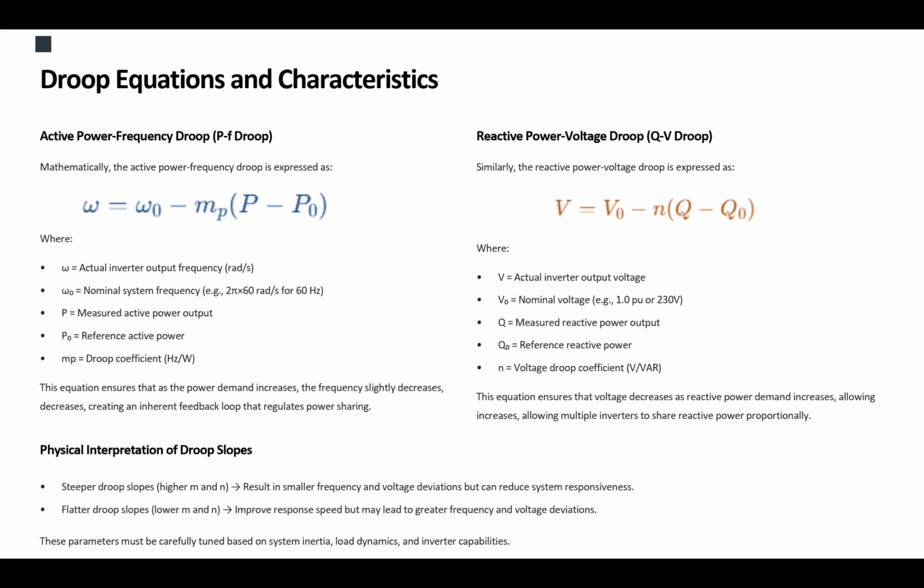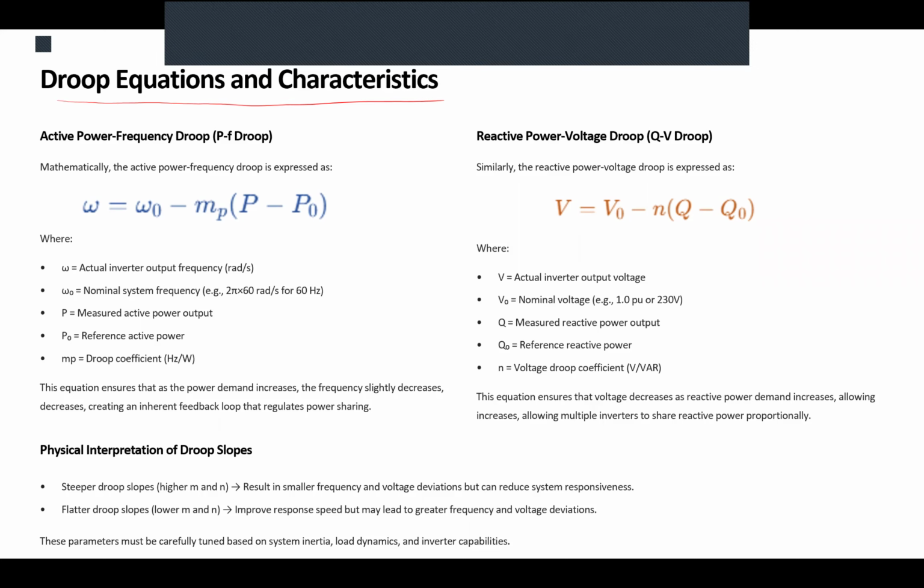Now, in grid-forming controls, basically in the inverters, we have two control loops in our general control system.